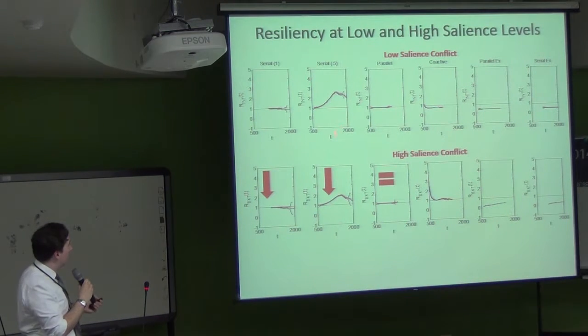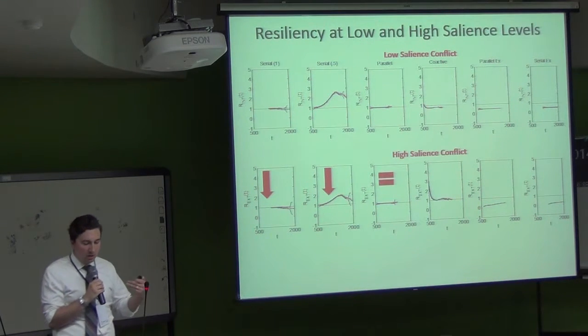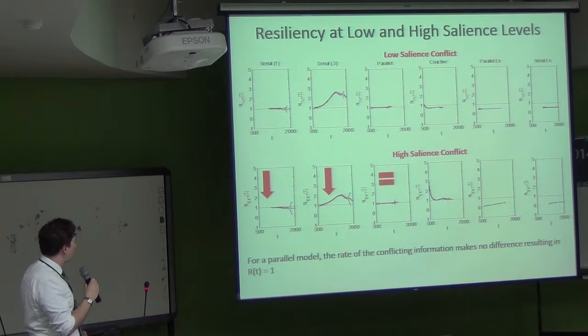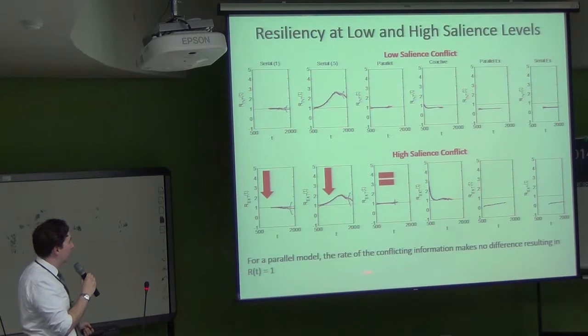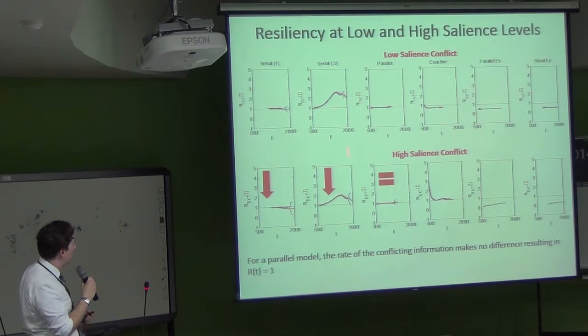So for a parallel model, that's the next model in line, there's no difference between these two functions because the conflicting information source doesn't actually do anything to the minimum time. So the rate of processing of the conflicting information makes no difference, resulting in a resiliency of 1 across all t.